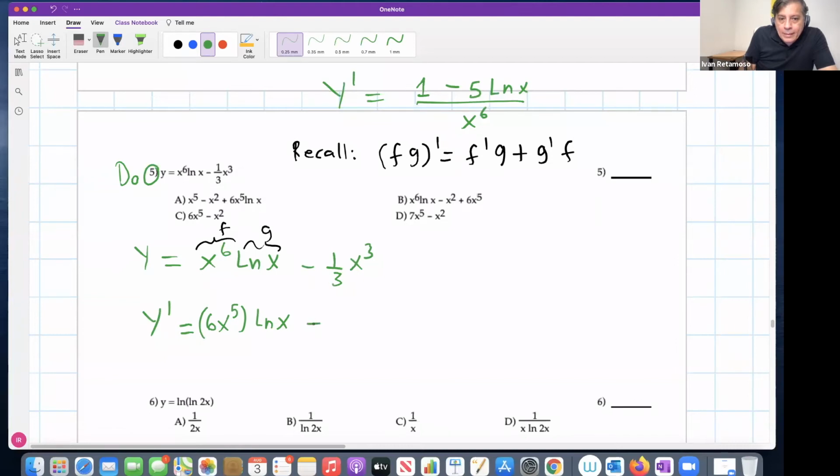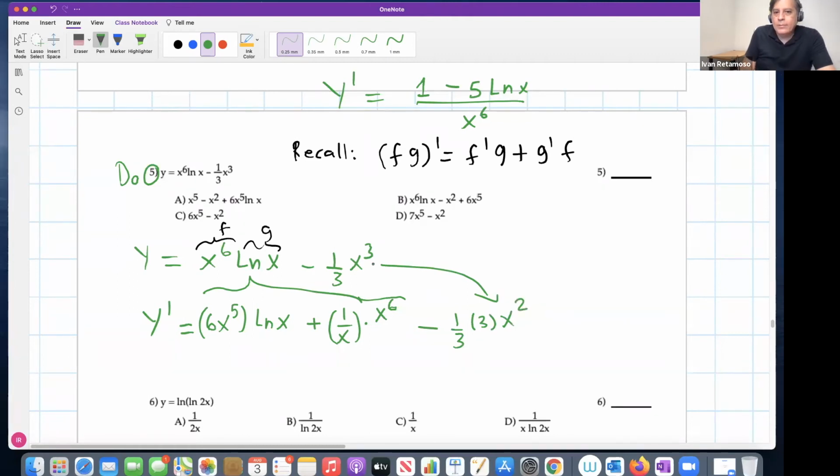Now, plus, I'm still taking the derivative of this guy. Derivative of g now, derivative of natural log of x, 1 over x, right? Times the other function as it is, x to the 6, right? This derivative is easy to compute because it's 1/3 constant, 3 comes down, and this x stays with exponent 2, 1 less, right? That's the derivative.